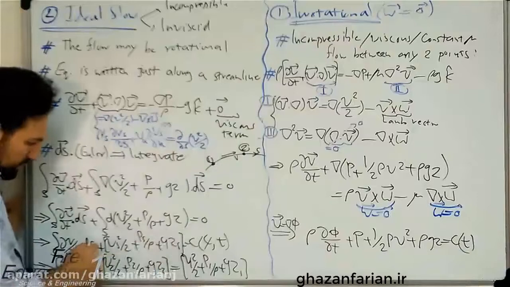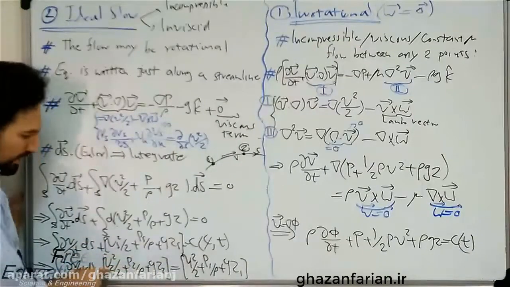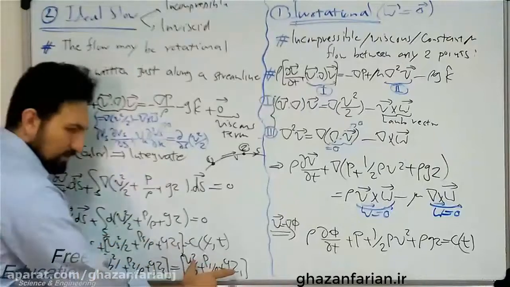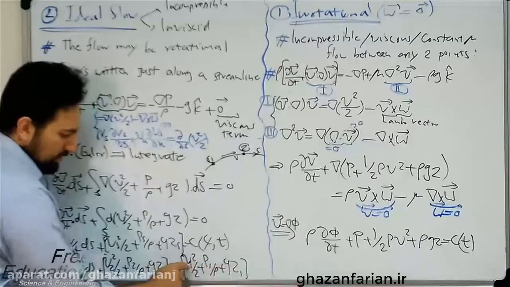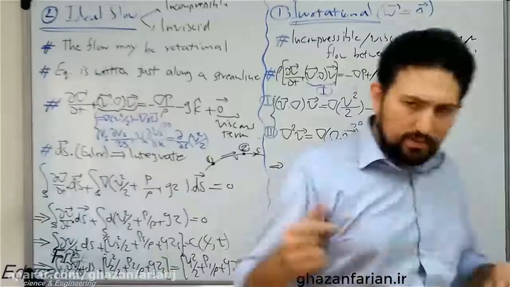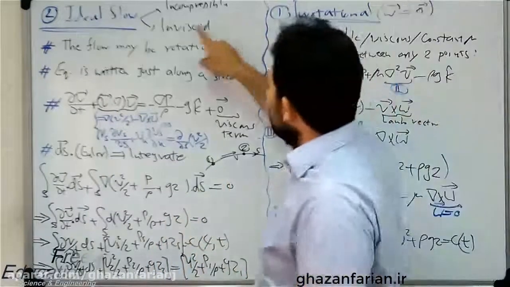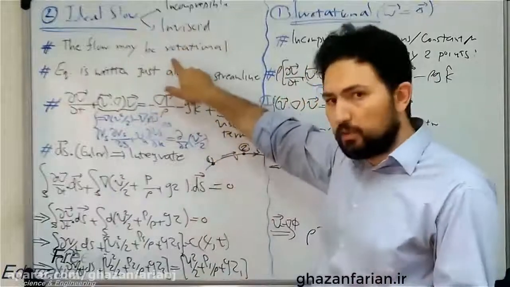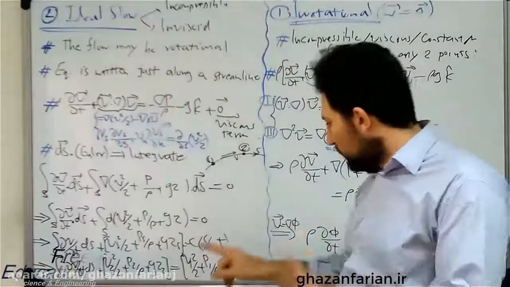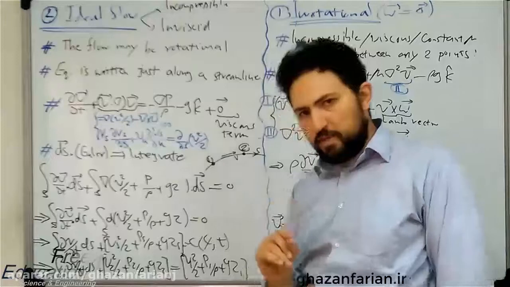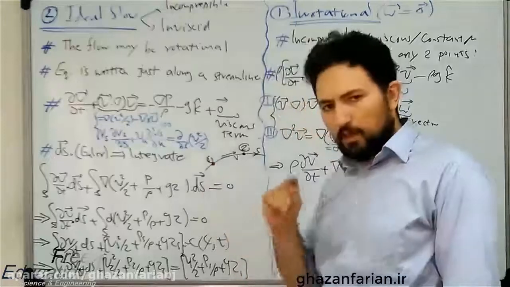And this package is written here for point 2. And again, copy and paste this package here, but the subscripts are 1. This is the definite version of the Bernoulli's equation for incompressible, inviscid, but generally rotational flow between 2 points which have to be along a specific streamline.